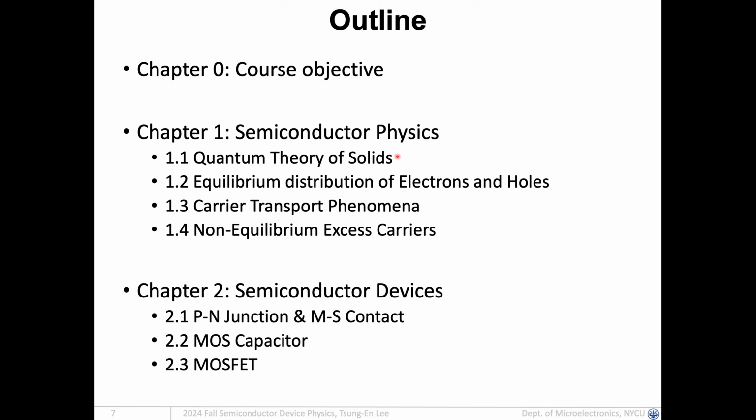For the MOSFET, we can divide it into the PN junction and the metal-semiconductor contact, which will be discussed in chapter 2.1, and the other part is the MOS capacitor, which we will discuss in chapter 2.2. And in the last part, we will integrate the learning from 2.1 and 2.2 into 2.3, which is the MOSFET, which you may already be familiar with from when you learned Electronics 1 and 2.